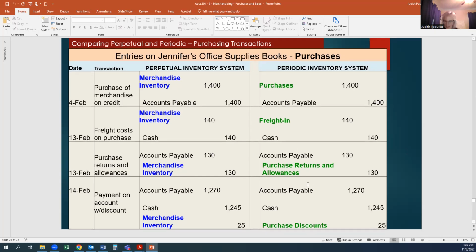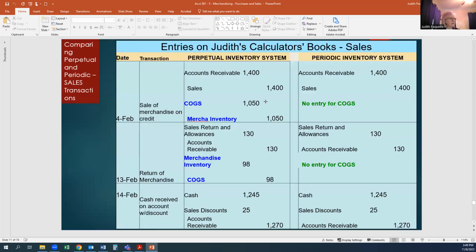And then if we go forward to the sales transactions, they are identical. Accounts receivable, sales, sales returns and allowances, accounts receivable, and so forth. But in the perpetual system, when you sell merchandise or when you process a return, it's 4 accounts. In the periodic system, it's 2.